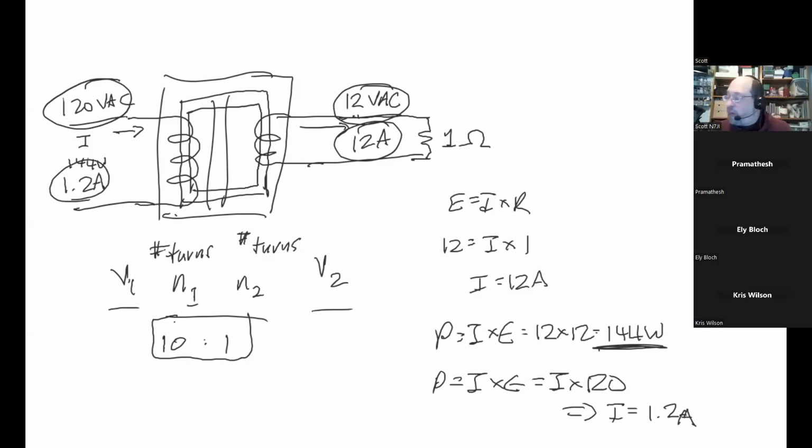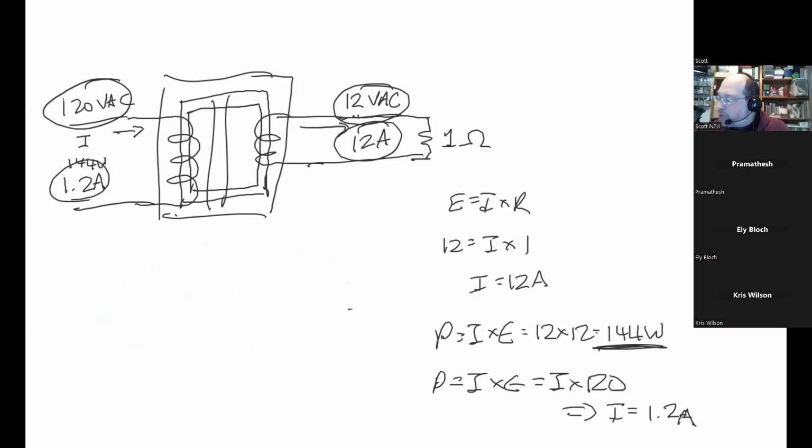So here's the other cool thing about transformers. Let's say that I didn't care what was on the other side. All I know is that by Ohm's law, I have 120 volts going in at 1.2 amps. What does Ohm's law say?